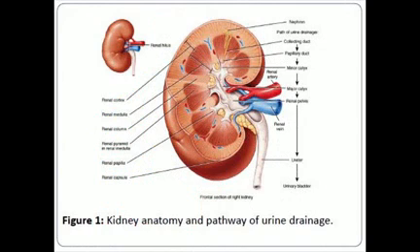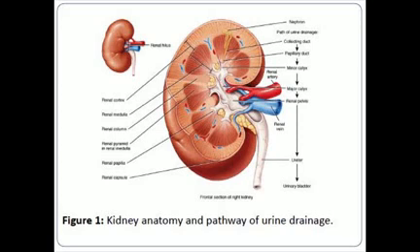The filtrate which passes beyond the distal tubule is called urine, and that is sent to the urinary bladder for disposal. So that is the process of urine formation. Later in the explanation, once again I will explain how urine formation takes place.